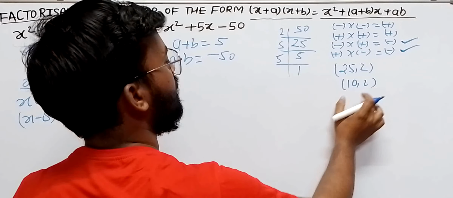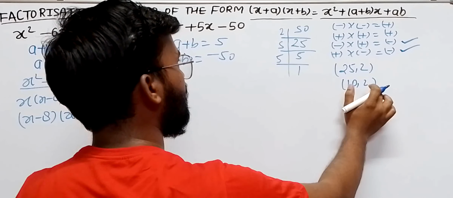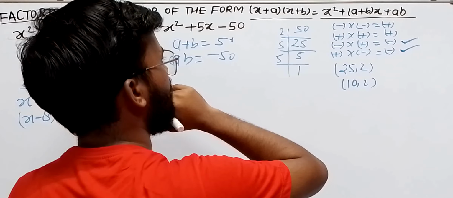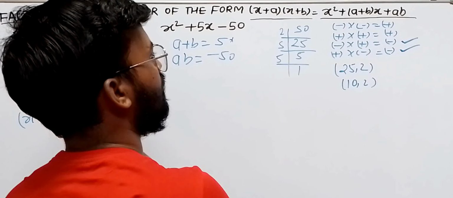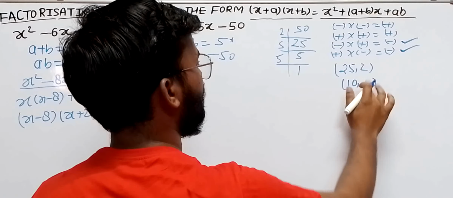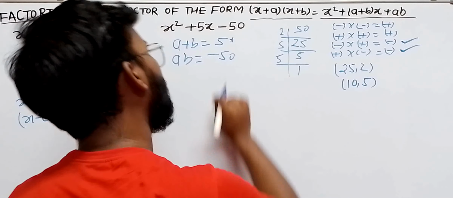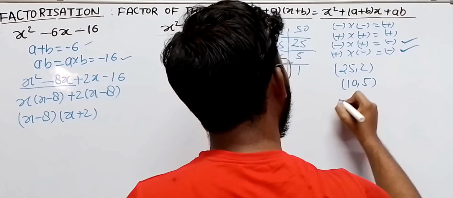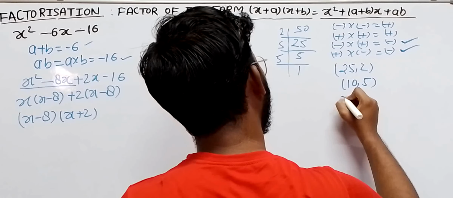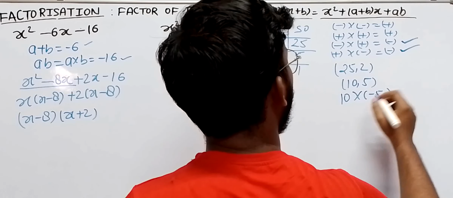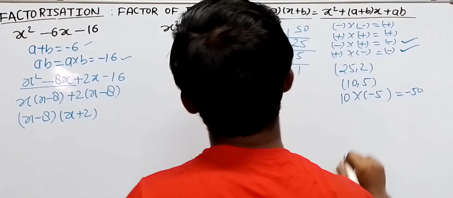But from here see, if we add this value, we are not getting this one, isn't it? No, here 5. When we subtract 5 from 10, then we are getting 5. So this is like that, 10 into minus 5, that gives you minus 50.